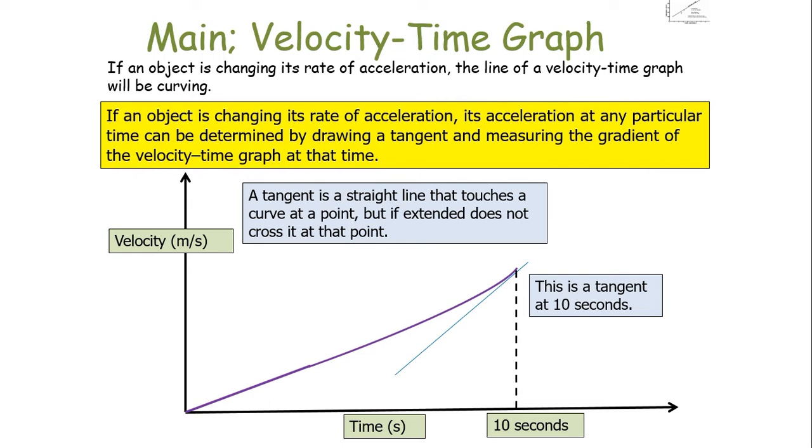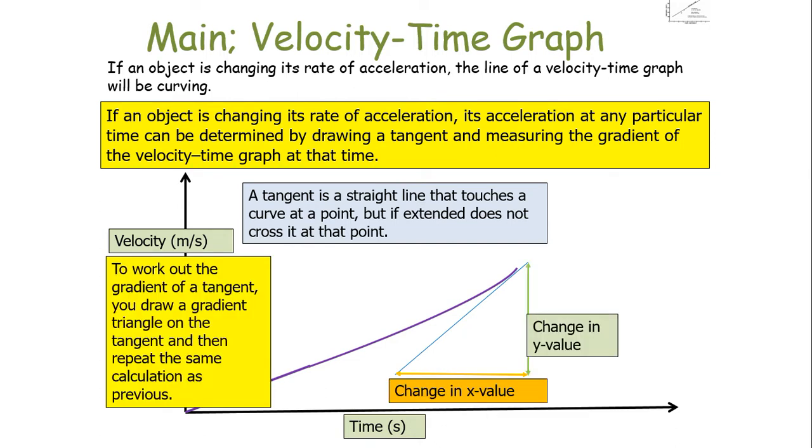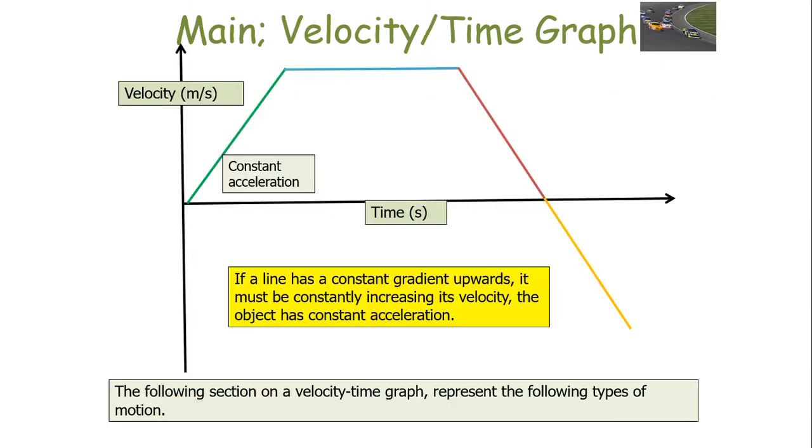So remember, a tangent is a straight line that touches a curve at a point but, if extended, does not cross at that point. So for example, here is the tangent at 10 seconds on your velocity time graph. To work out the gradient of a tangent, similarly to how you work out the gradient of a line of best fit, you draw a gradient triangle on the tangent and then do the change in y value divided by the change in x value.